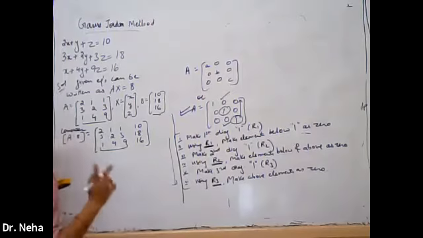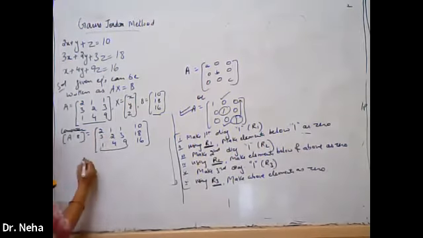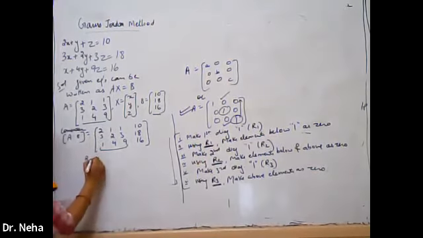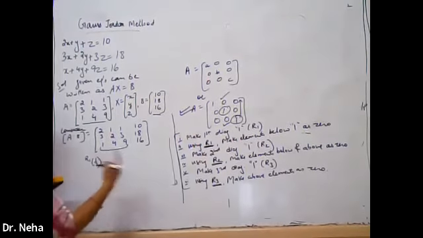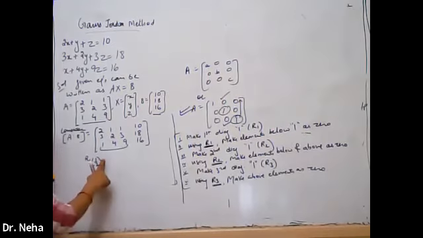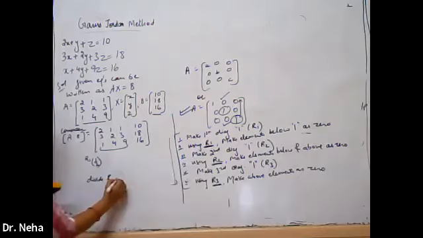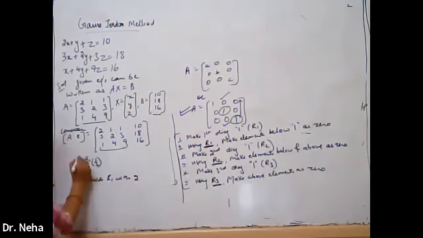Now see, there are two ways of making this 2 as 1. Number 1, multiply the first row by 1 by 2. We don't divide in elementary operations; rather, we multiply. Instead of writing divide R1 by 2, we write R1 into 1 by 2.